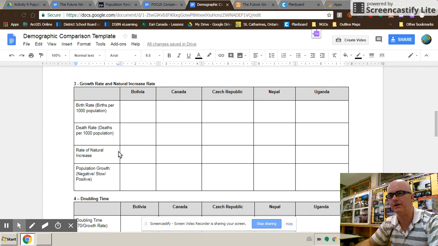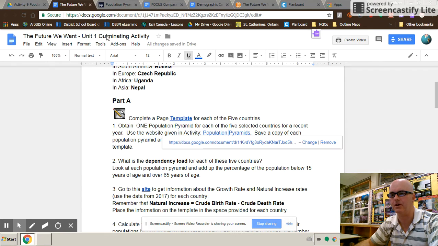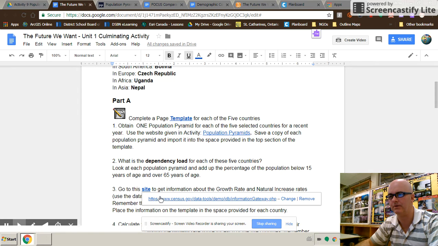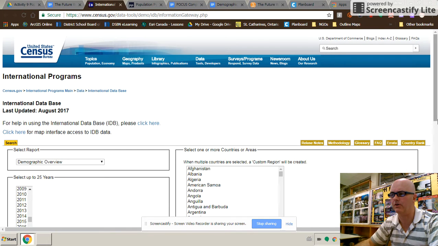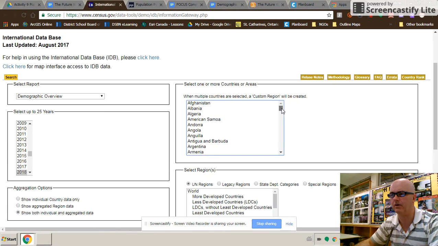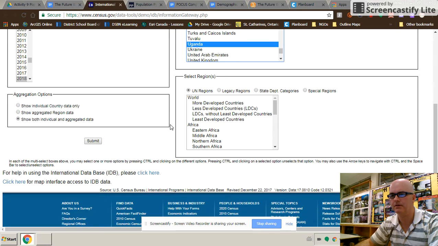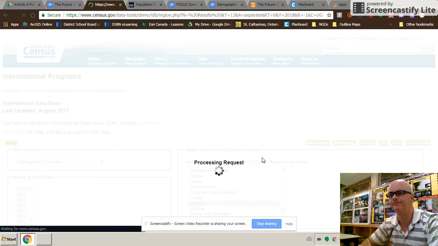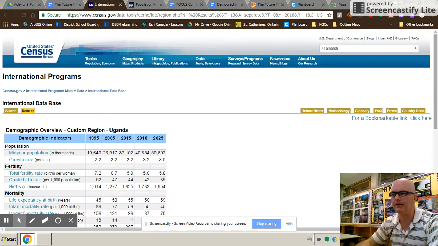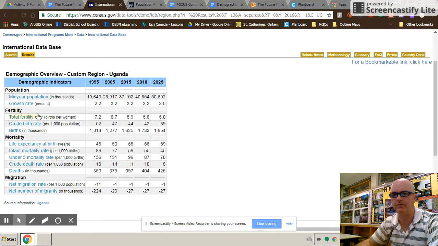Then we're going to get into growth rates and natural increase. And if you go back to the instructions here, it says go to this site to get the information on growth rates. And so you're going to find your country. So I think I said Uganda. There's Uganda. Click on submit. And there's all sorts of great stats in here that I'm going to need: mortality rates, birth rates.